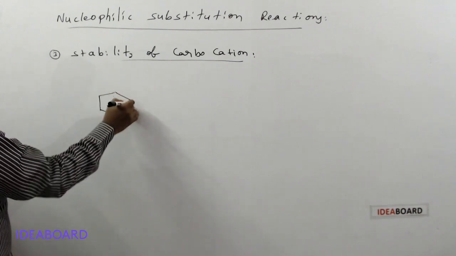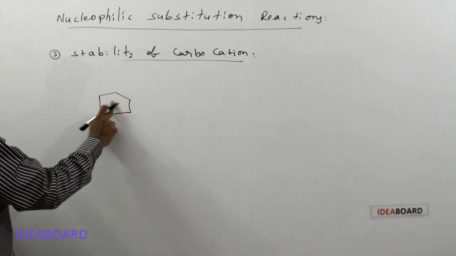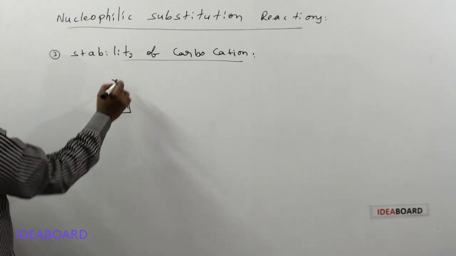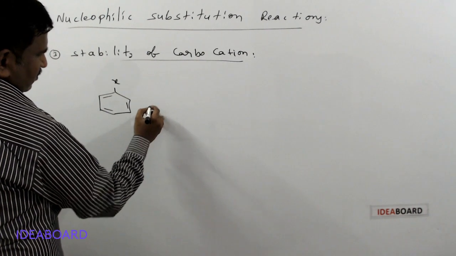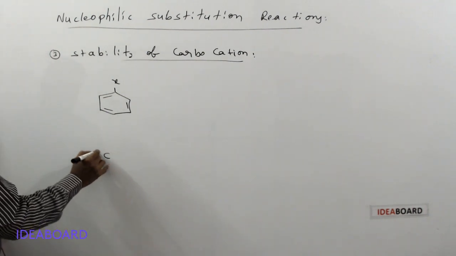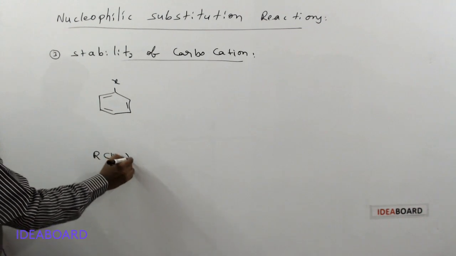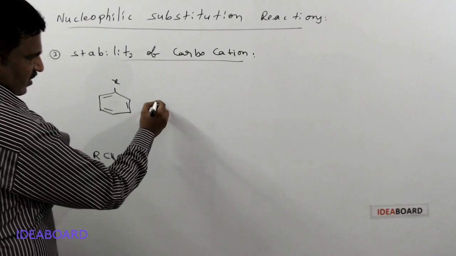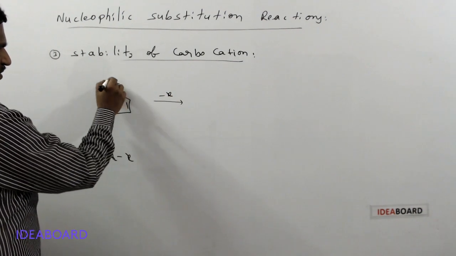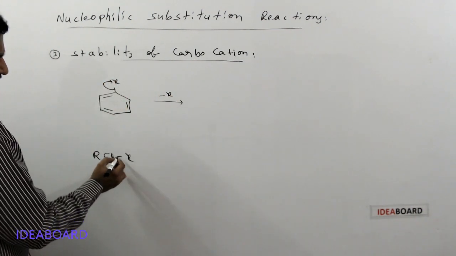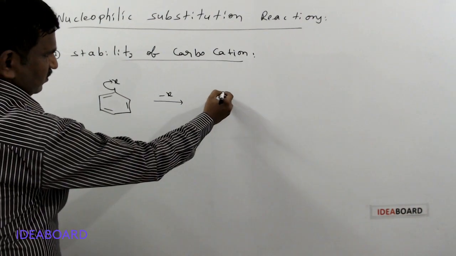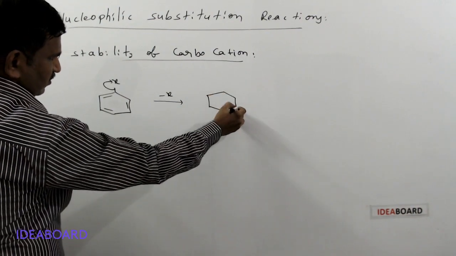Suppose we are taking an aryl halide with a halogen, and an alkyl halide, for example RCH2X. If it loses the halogen, the pair of electrons is taken up by the ring, and here also, if it loses X, the pair of electrons is taken up, forming a carbocation.